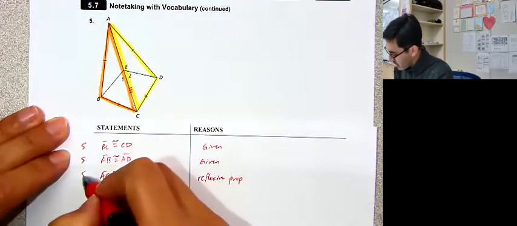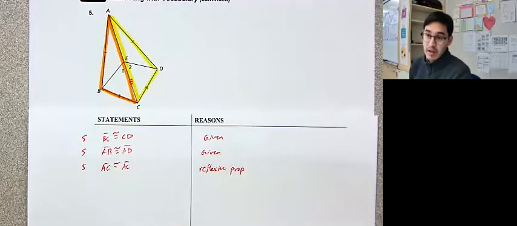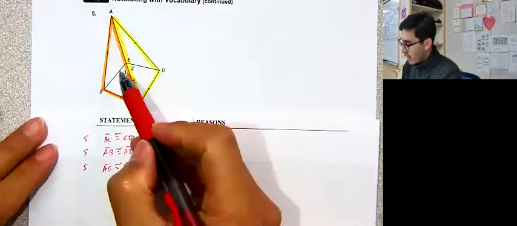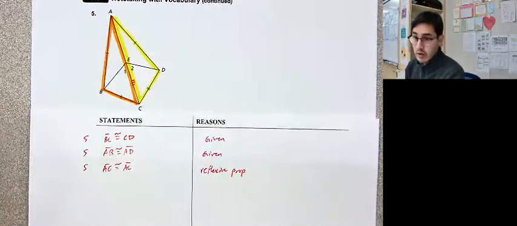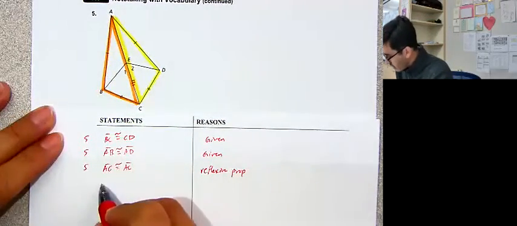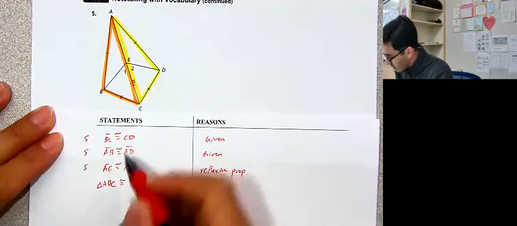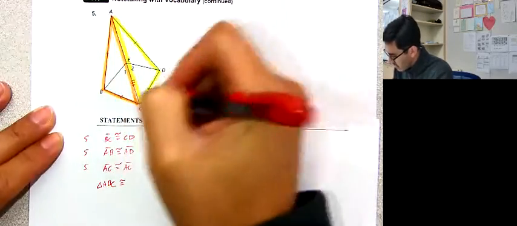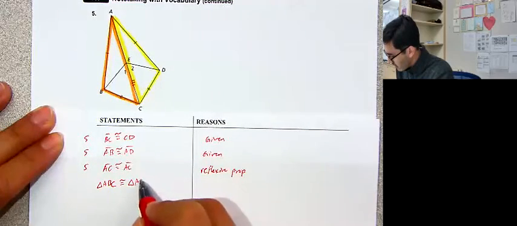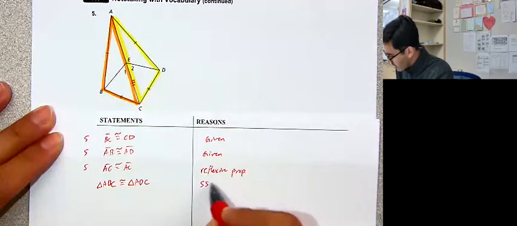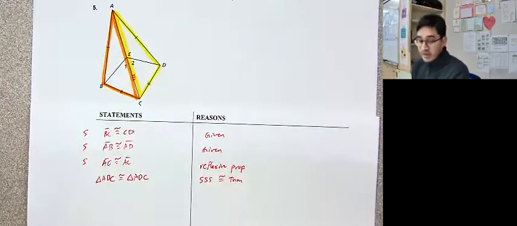So I have three statements about congruent sides, which is my side-side-side method. So I can now write that the orange and yellow triangles overall are congruent: triangle ABC is congruent to triangle ADC, by side-side-side congruence.